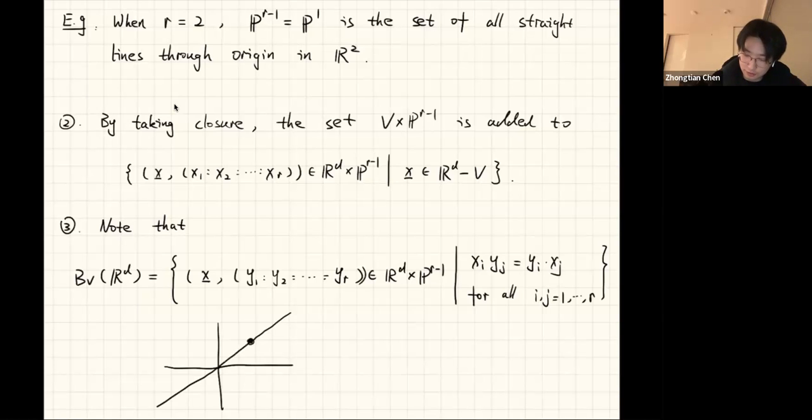Then we associate this point with this particular straight line. But if we are at the origin, then no unique line is determined, right?